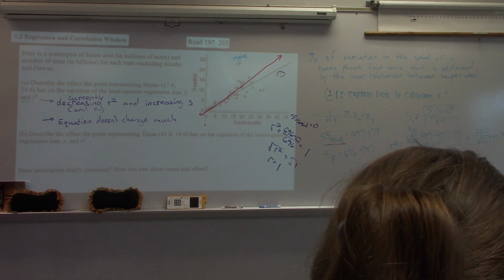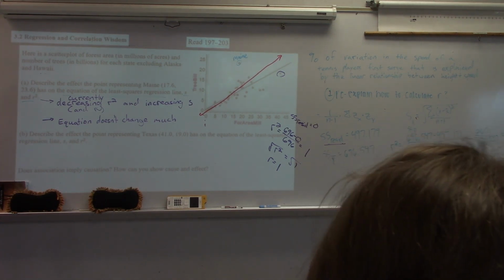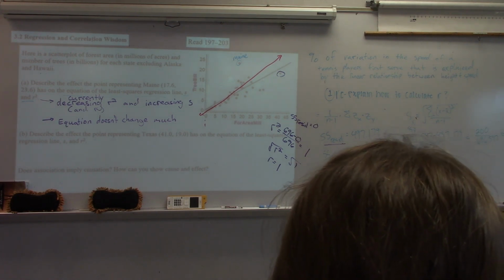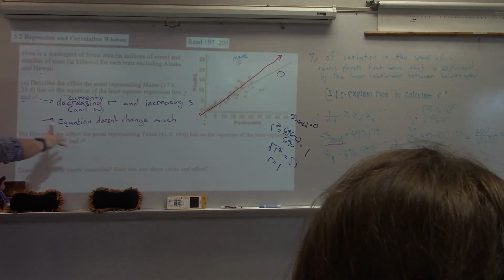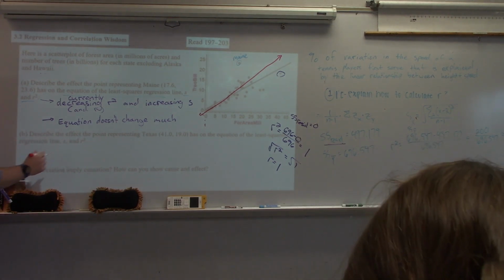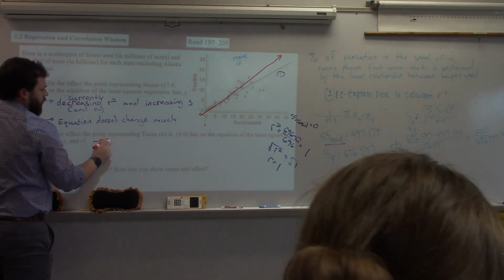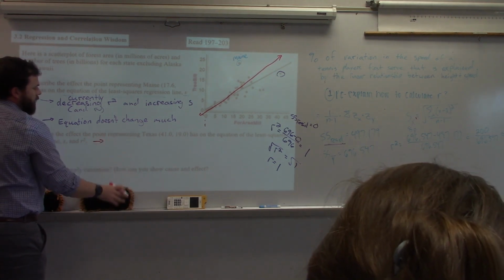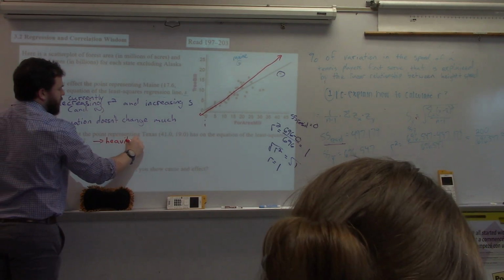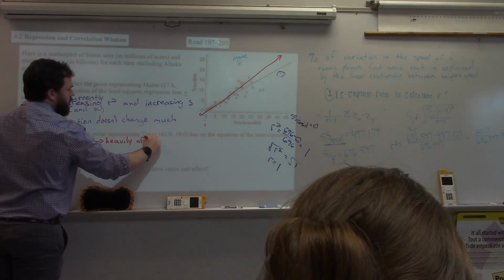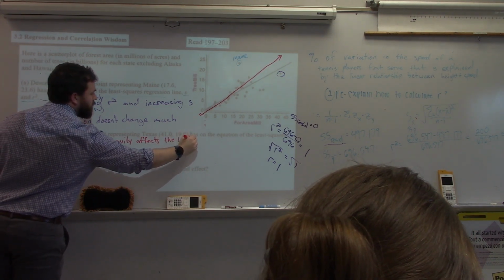Now, you're not gonna have to do this perfectly, but we do wanna recognize this idea that that high leverage point affected the least squares regression, or it affected which part of this the most? The line. It affected the line, right? So we'll just say it heavily affects the least squares regression line.